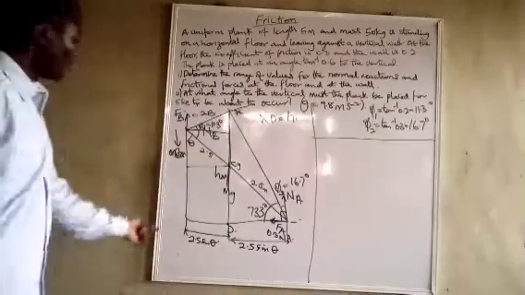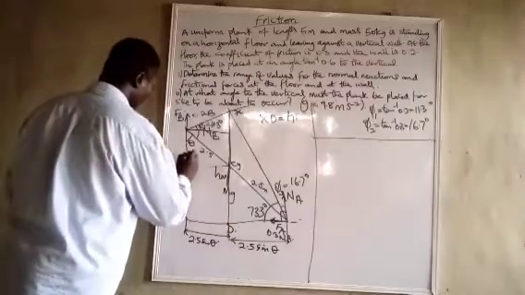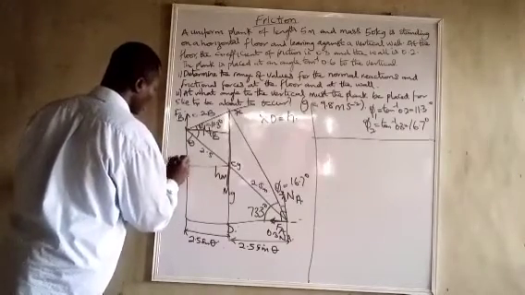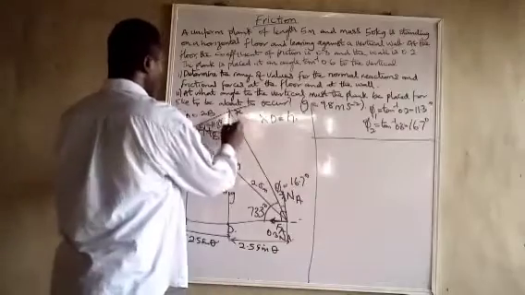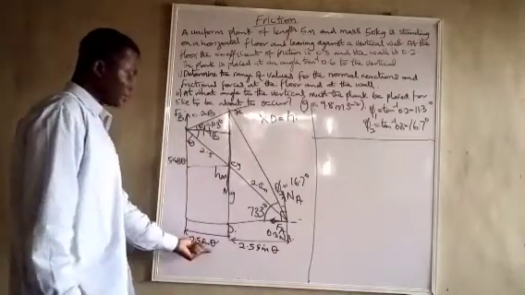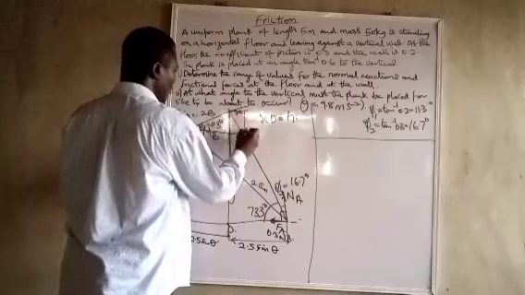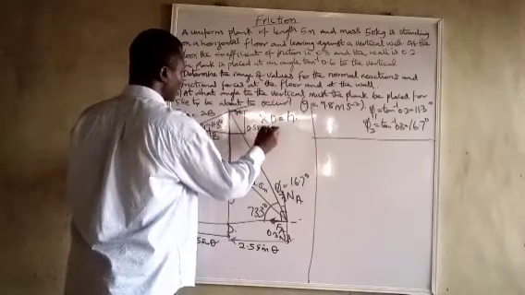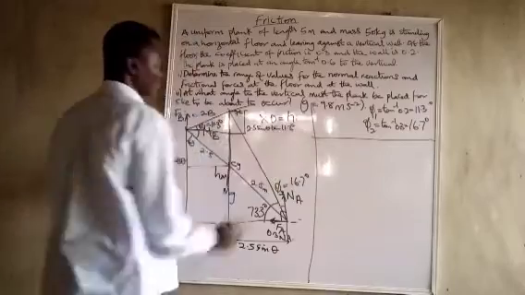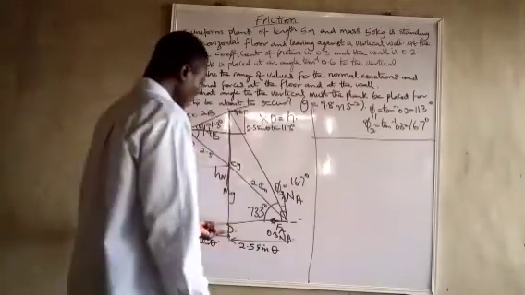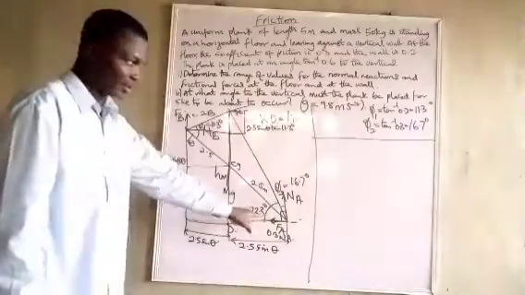Now, from this place to this place is 5 cos theta. And since you have seen that this place is 2.5 sine theta, this place to this place will be 2.5 sine theta tan 11.3 degrees. And this place, H, is 2.5 sin theta tan 73.3 degrees.